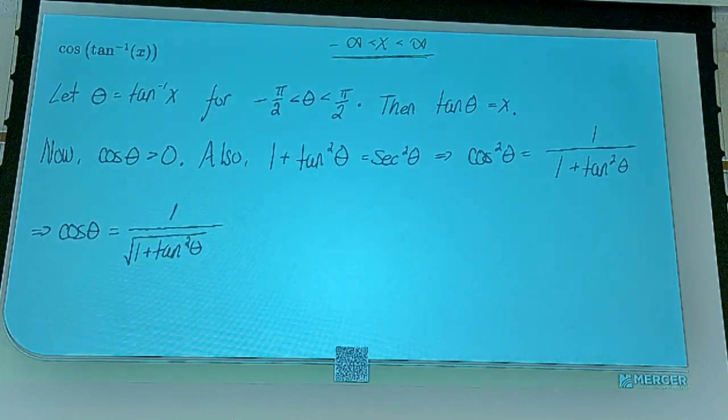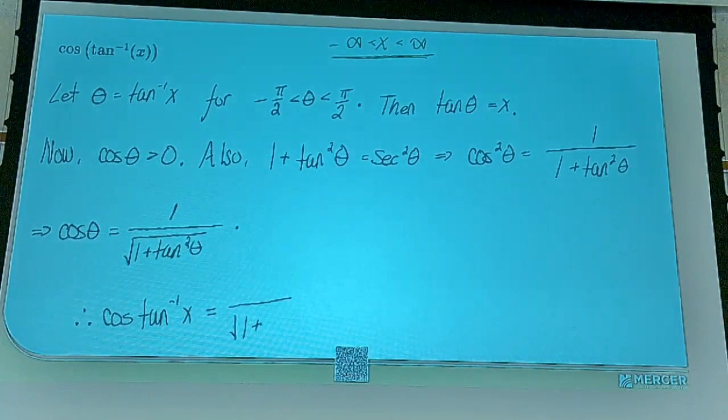Cosine being 1 over the square root of 1 plus tangent squared, right? Don't need to worry about the plus or minus, because again, cosine is always going to be positive. Cosine of the inverse tangent of x. Well, we said tangent of theta was x, right? So 1 over the square root of 1 plus x squared.